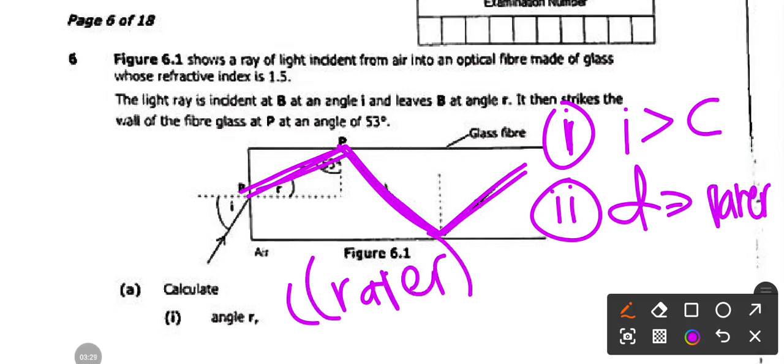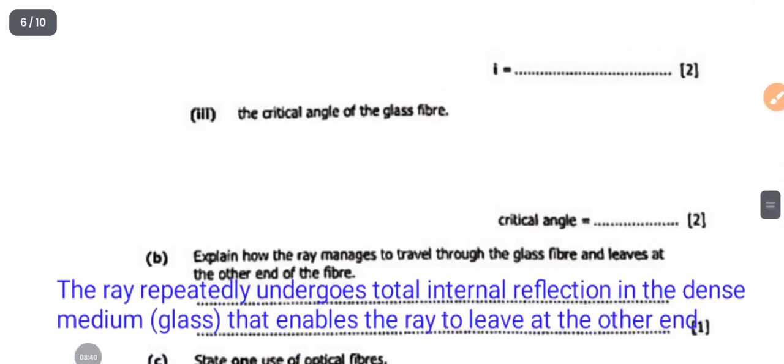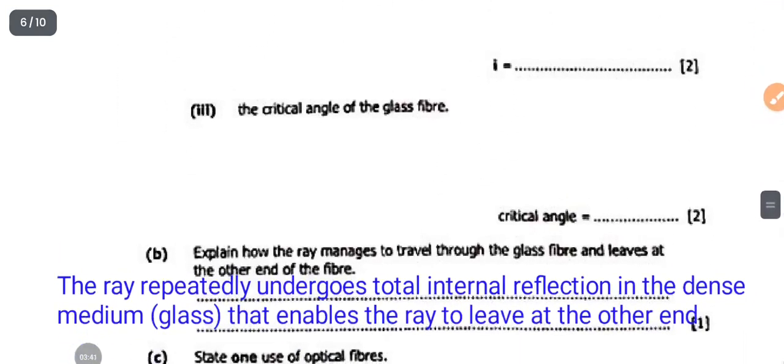So that's the reason why it is able to leave at the other end of the glass fiber. Here I presented my answer to say that the ray repeatedly undergoes total internal reflection in the dense medium, which enables the ray to leave at the other end.